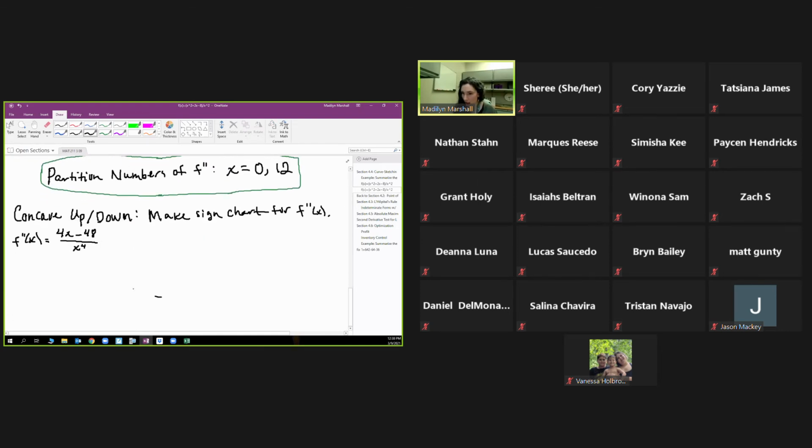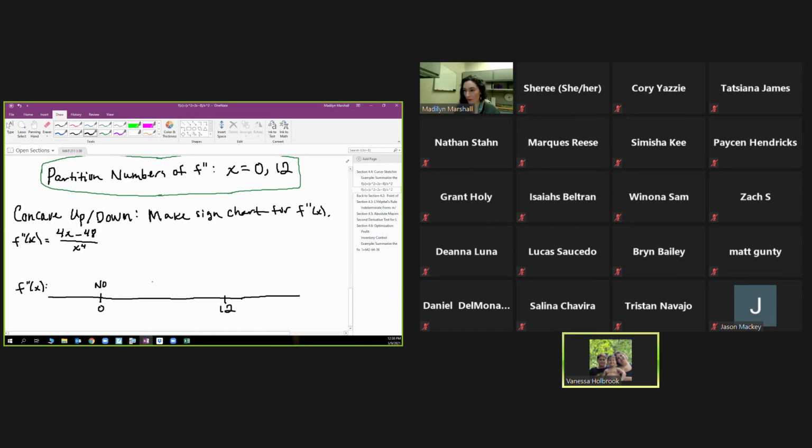Those partition numbers, again, are what partition our number line. So again, f double prime is not defined at 0, and is 0 at 12. Exactly.